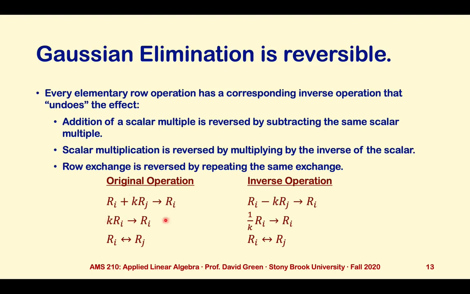If we scale a row by some scalar multiple k, if we scale that same row by the inverse of that scalar, 1 over k, we will undo that result. And if we exchange two rows, we can reverse that exchange by repeating exactly the same exchange, just swapping them back.